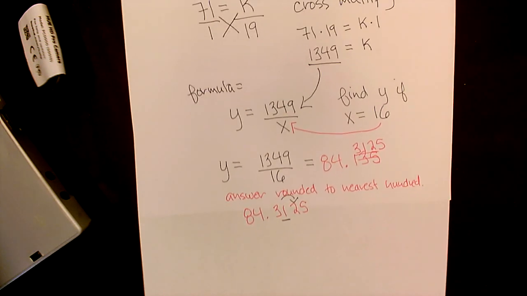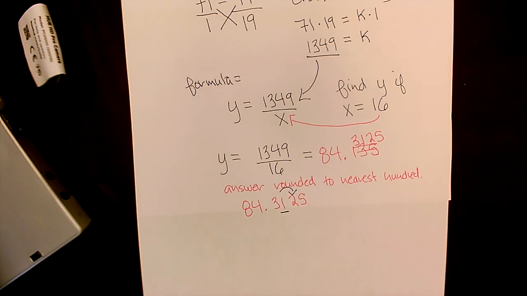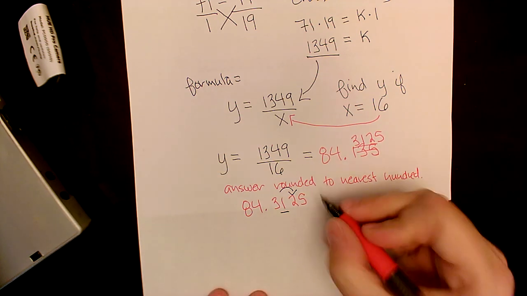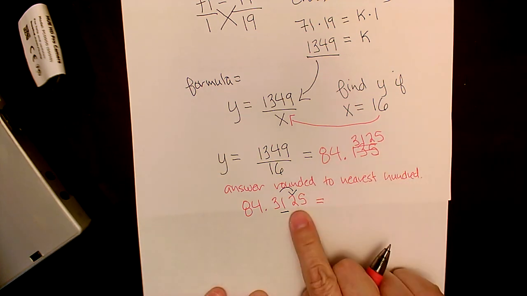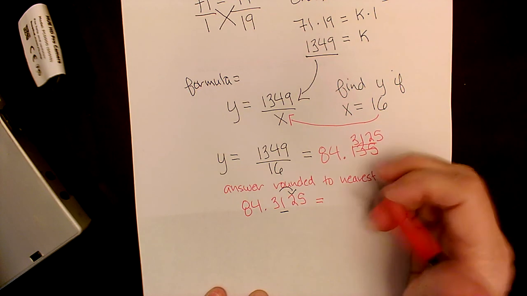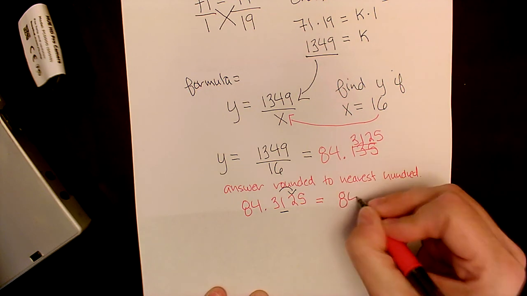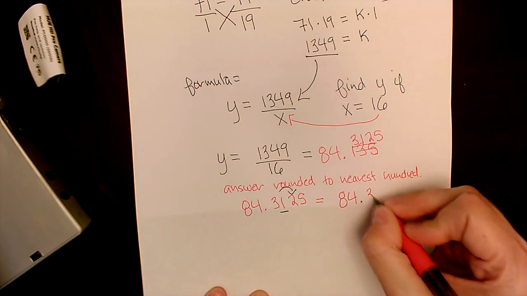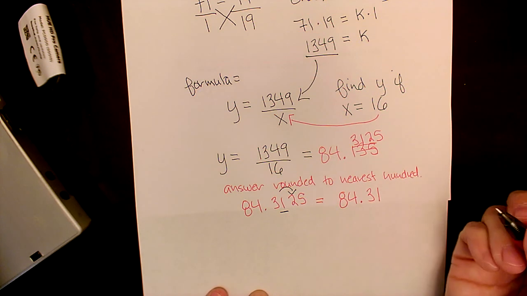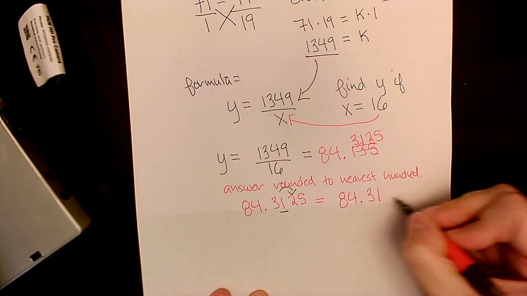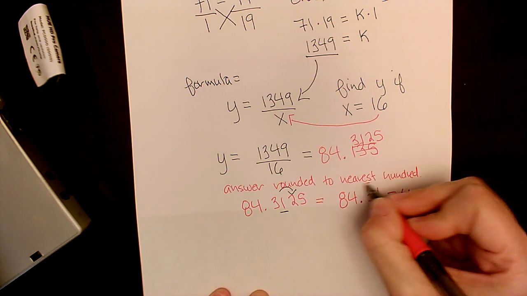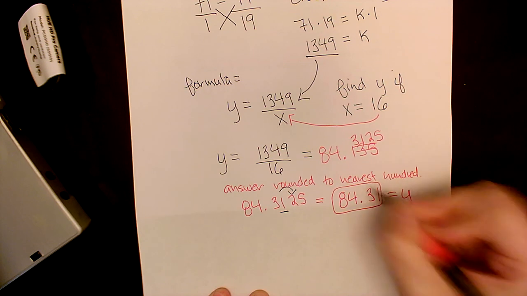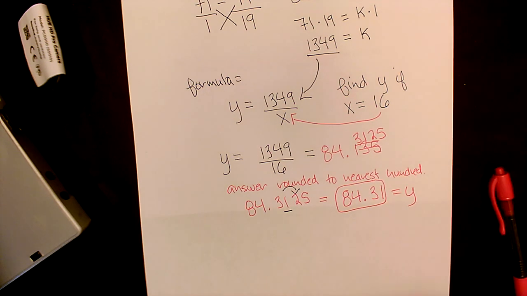And I know Professor Kate Sims Drew went over a review of rounding. So if I want to round to the nearest hundredth, I look here, it's 4 or lower, so I round down, so my final answer is 84.31, and that's going to go in the box on Hawks.